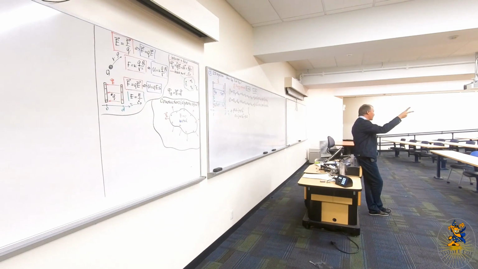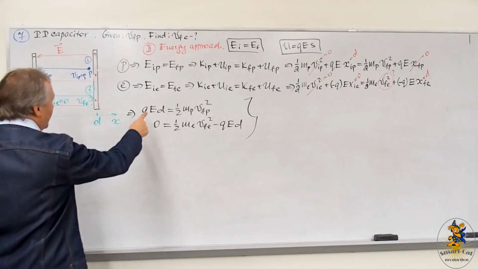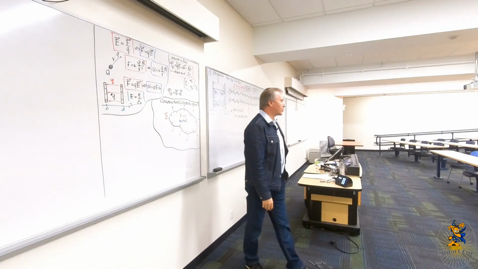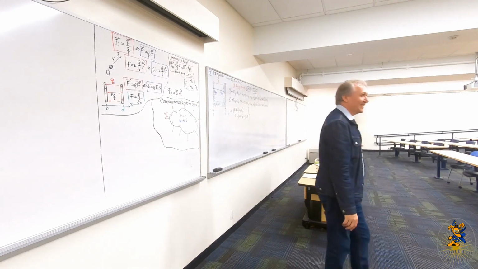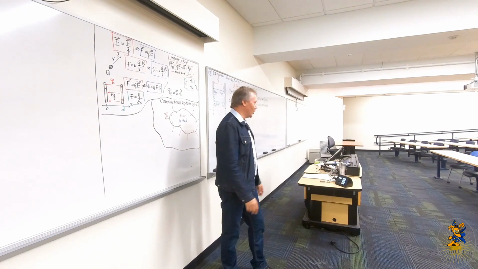Then the electric field is also not given, and the distance between the electrodes is also not given. So it looks like 3. But since the electric field and D go together like Siamese twins, connected, we can treat them basically as one unknown.